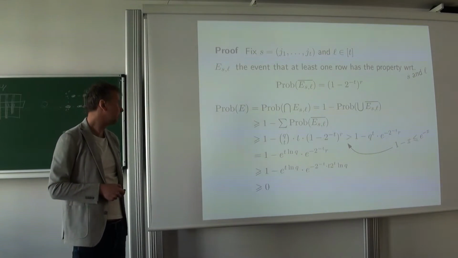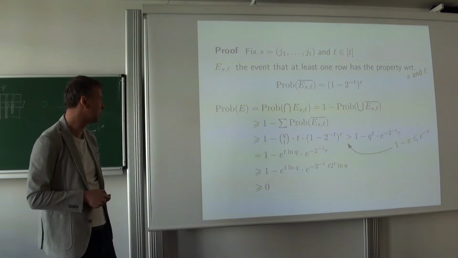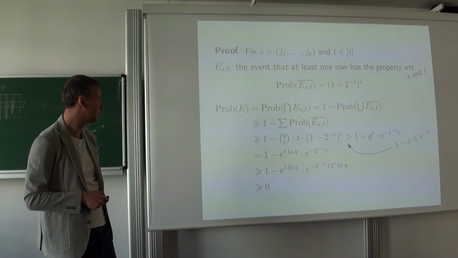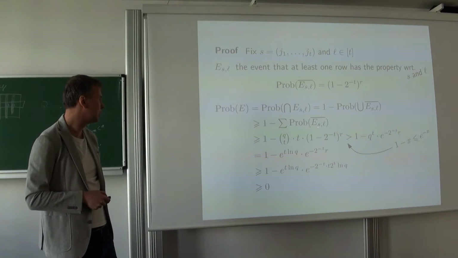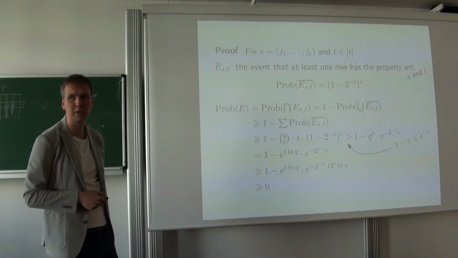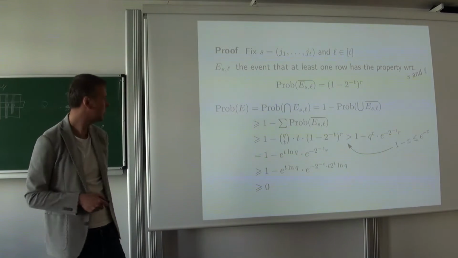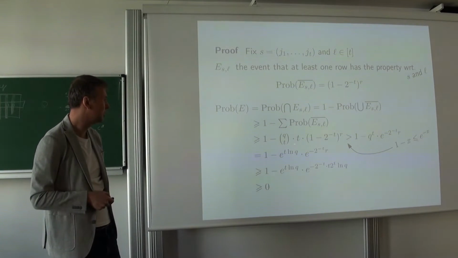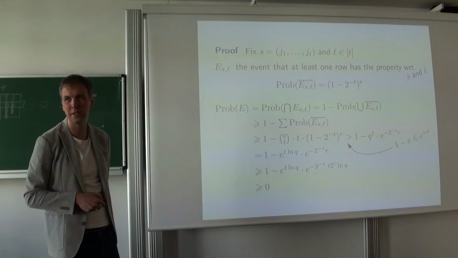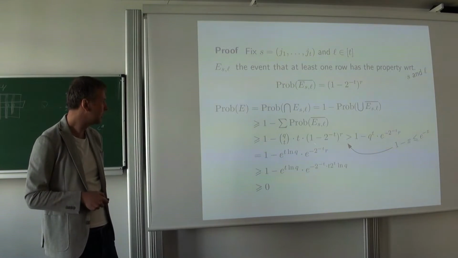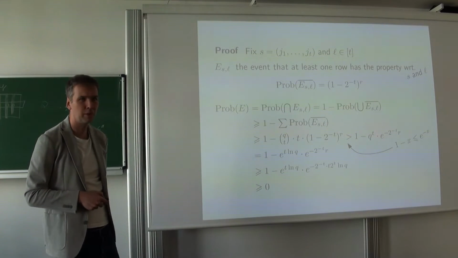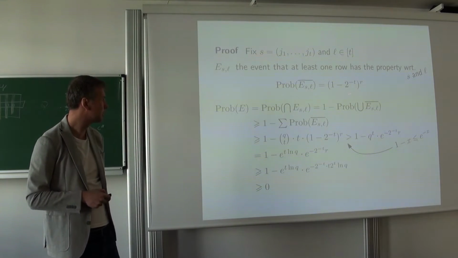And now we have to focus. So this is the sum over the choices of S. You choose t columns out of q, so this is q choose t. Then you choose what to highlight, this is t. And then it's the probability, which is the same for every choice, the one precomputed before. Yes. So we have this.